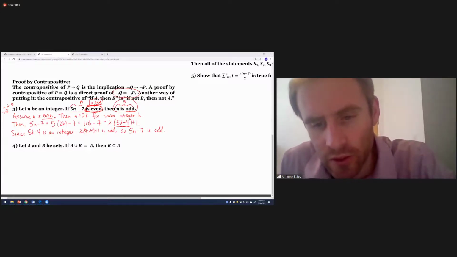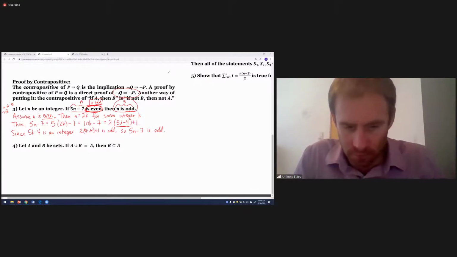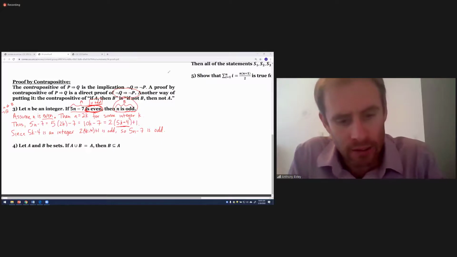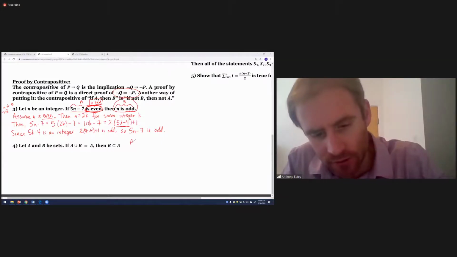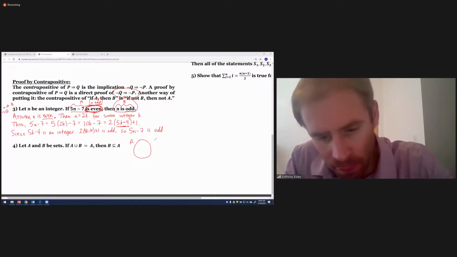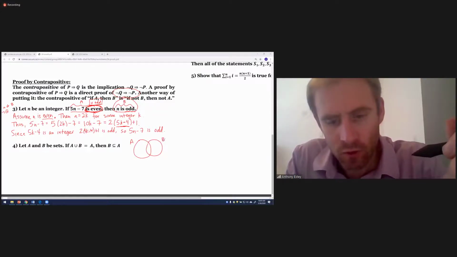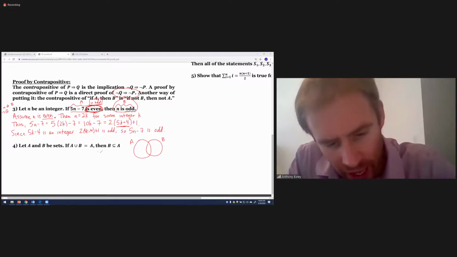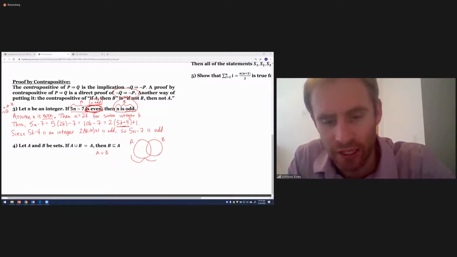When I saw this question, I wasn't really sure how to draw it out. But if we've got sets A and B, we know that A is all of them across both sets.